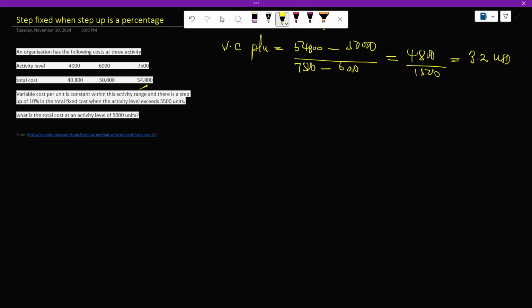Now let's find the fixed cost. The fixed cost is equal to, let's use the highest activity level, 54,800 minus 7,500 units multiplied by 3.2.